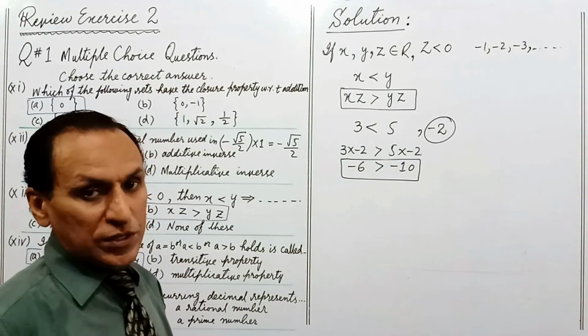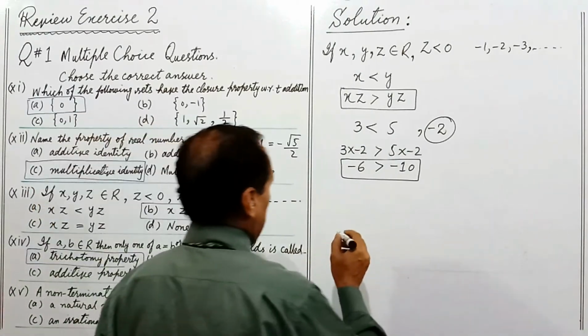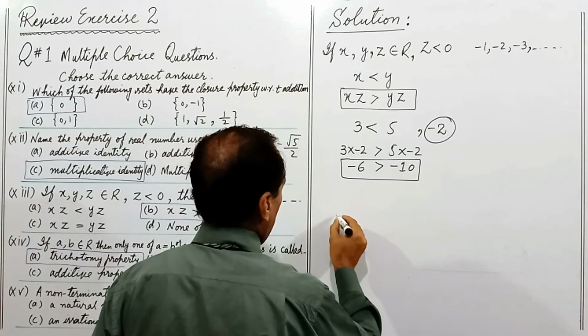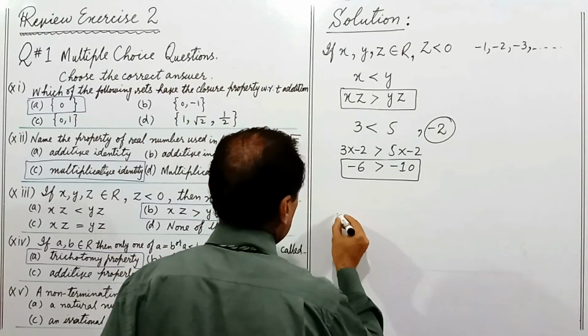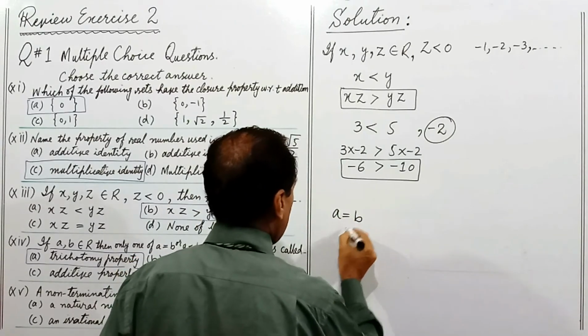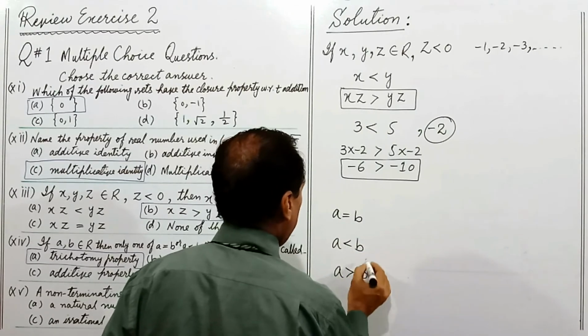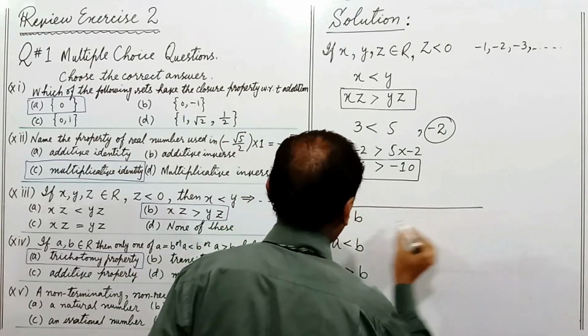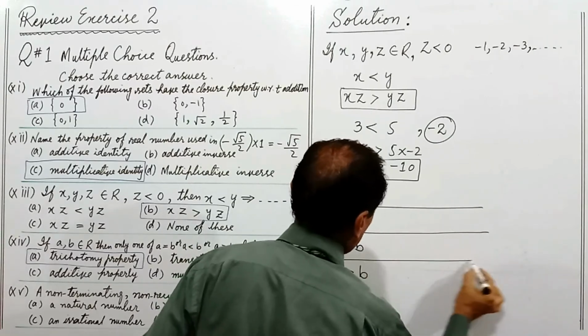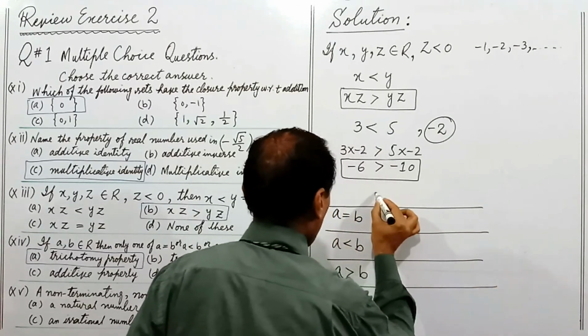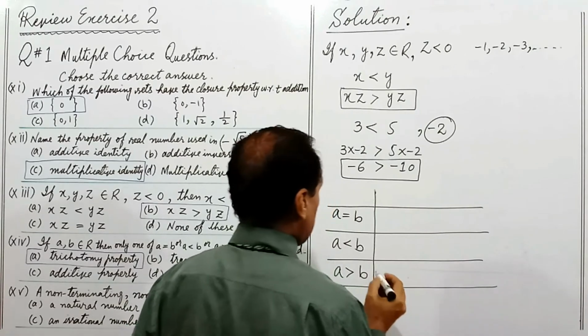Let's recall the trichotomy property with the help of an example. For this, we have the three relations: a is equal to b, a is less than b, a is greater than b. And we have three different sets of values for this. We formulate a table for better understanding.